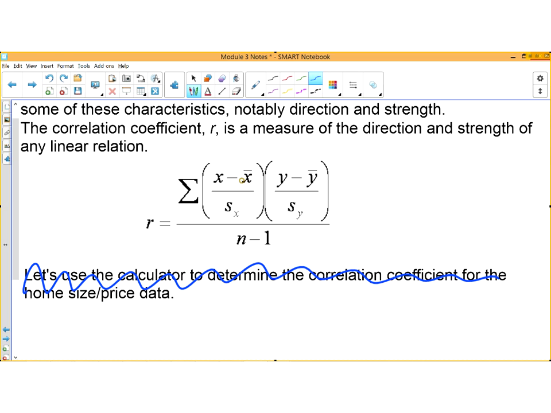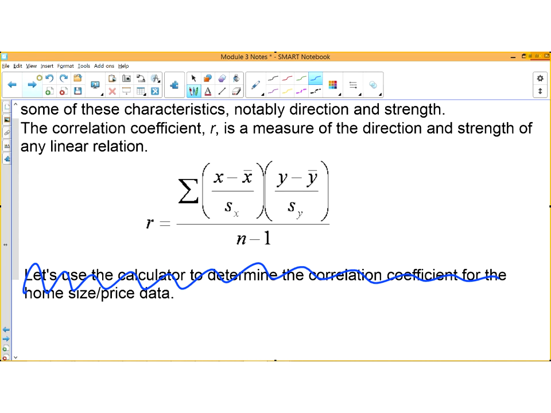But basically what I did, I'll give you the quick 10-second summary. I found the mean of all of the sizes and the standard deviation of all of the sizes, and I subtracted the mean and divided by the standard deviation for each home size. I did the same for each selling price, and then for each house I multiplied those two answers together.